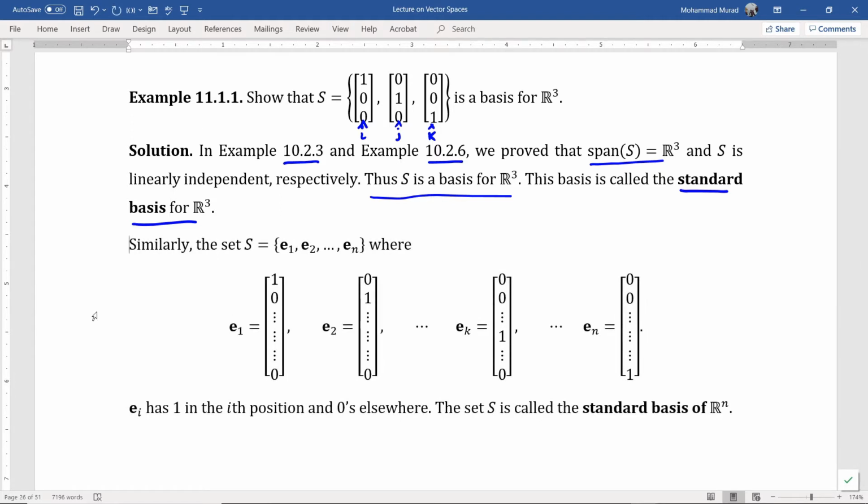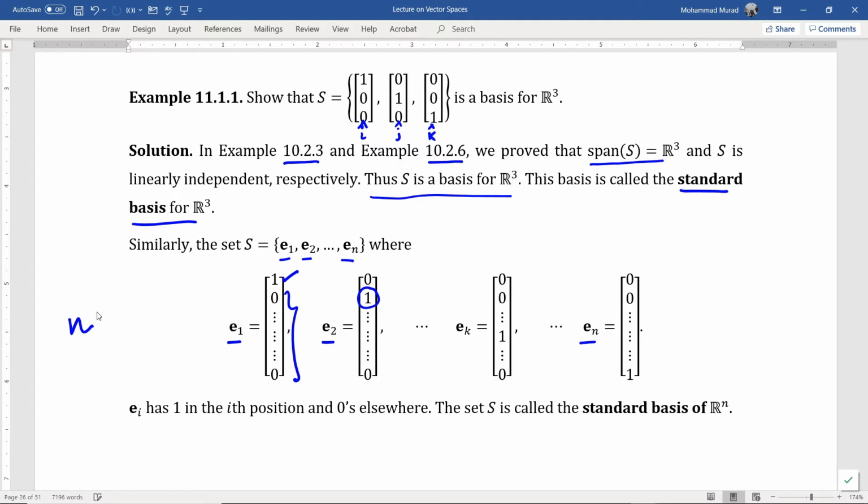Similarly, the set S containing the vectors e sub 1, e sub 2, all the way up to e sub n, where e sub 1 is a vector with n components, with the first component 1 and the rest of the components zeros. Similarly, e sub 2 has the second component 1 and the rest of the components are zeros, and so on.